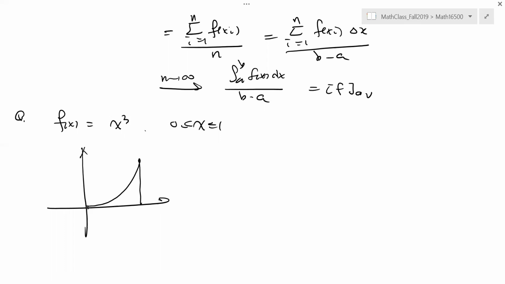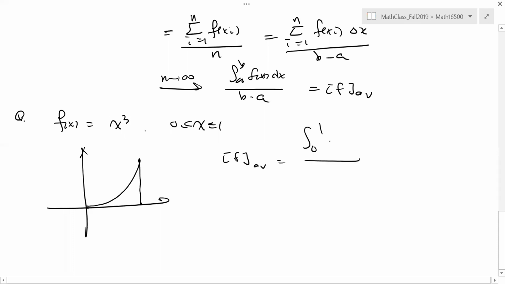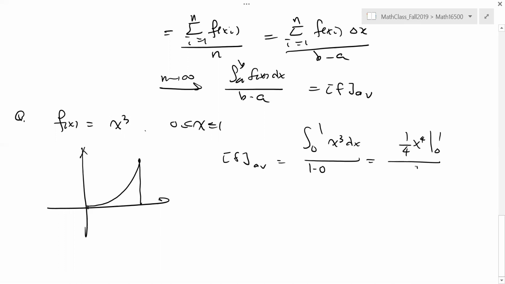So the average value, according to our formula, is going to be the integral from 0 to 1 of x cubed dx, over 1 minus 0. The antiderivative is one quarter x to the fourth power. So the answer is just 1/4.